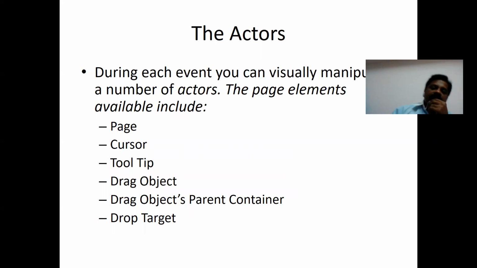So these are all the elements of a page: first the page, the mouse cursor, the tooltip and cursor tip, and the drag object. You click that object and drag it, and the drag object's parent container is the original location from which it moves to some other location. Drop target: once you reach the valid target, you drop that object in that place.